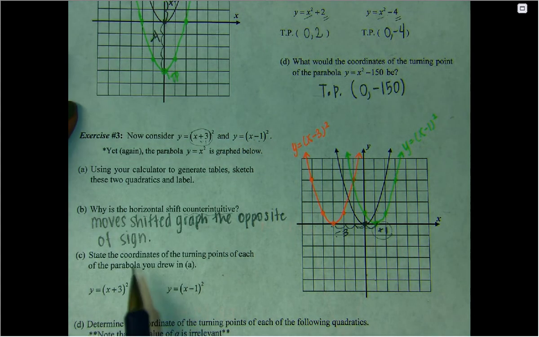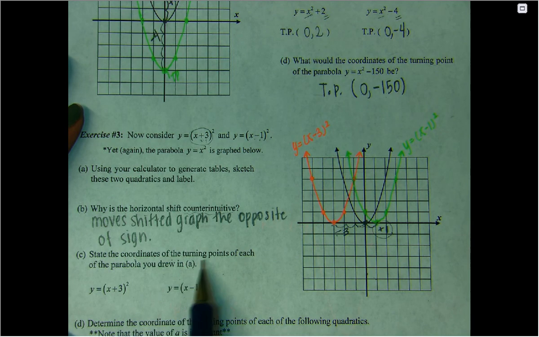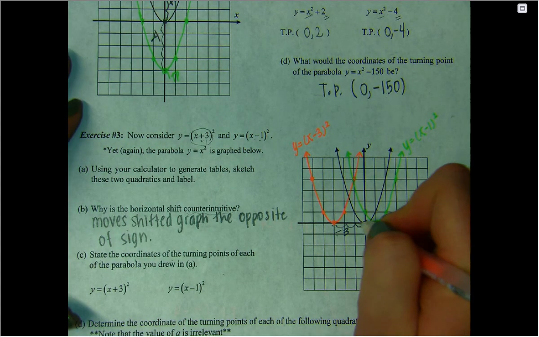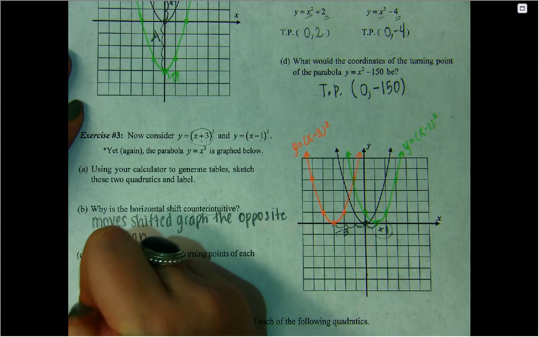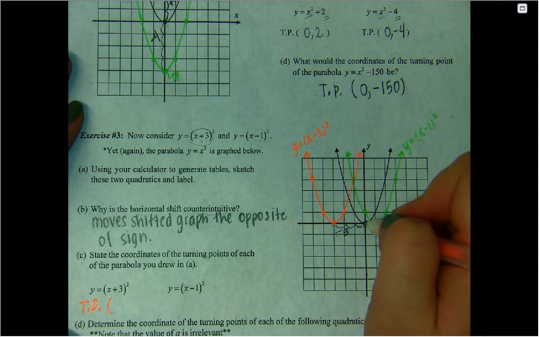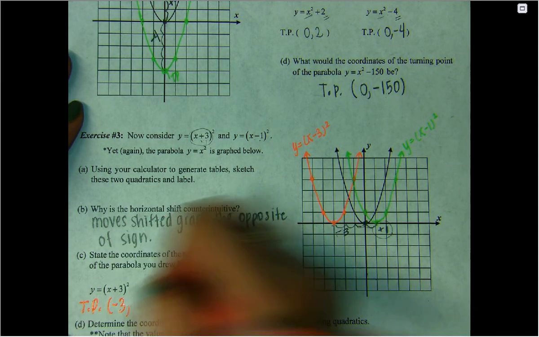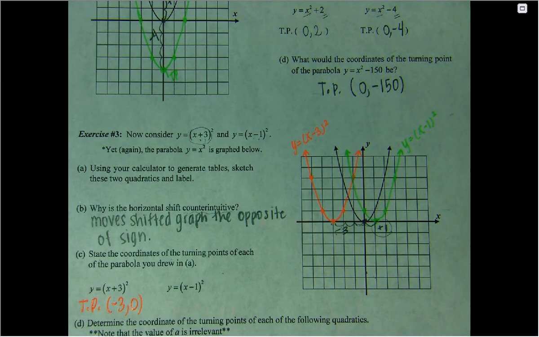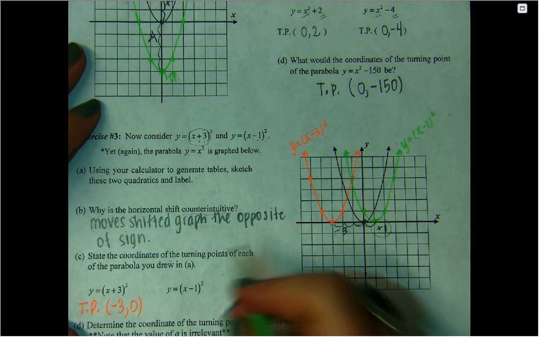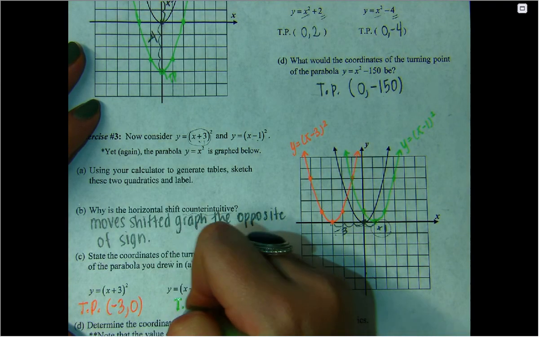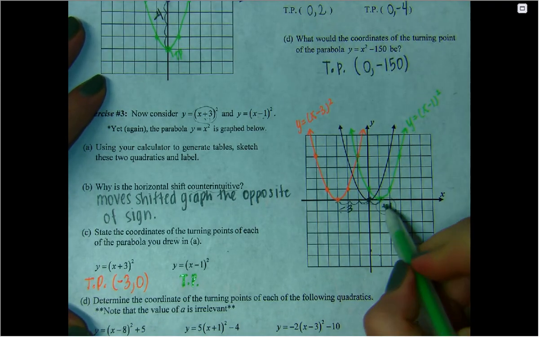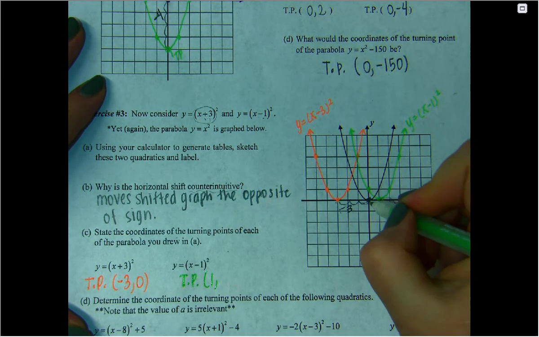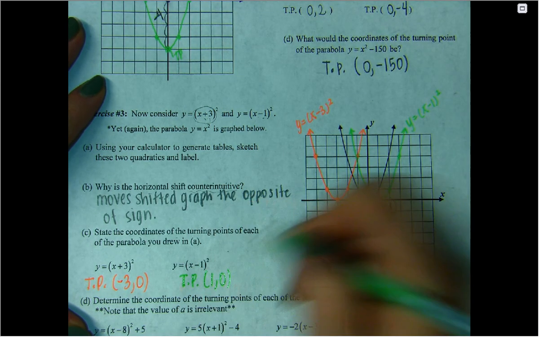Alrighty, so state the coordinates of the turning points of each of the parabolas you drew. What is the turning point on this one right here? The x value is -3. The y value is 0. And what about the turning point on this one? The x value is 1 and the y value is 0.